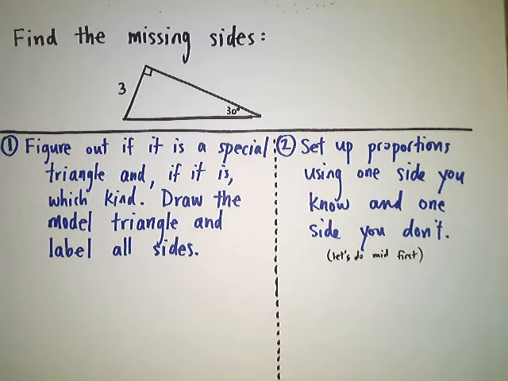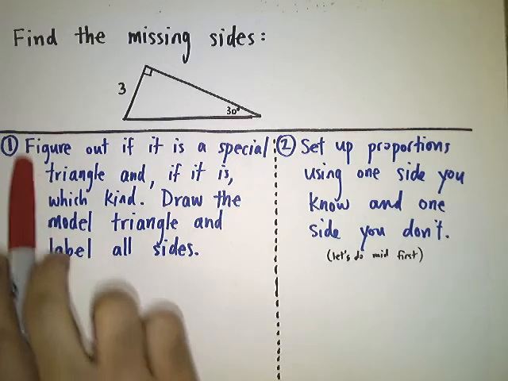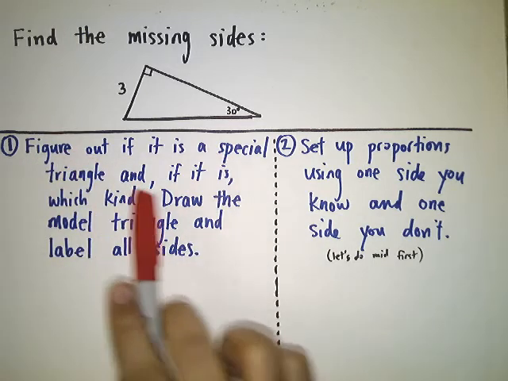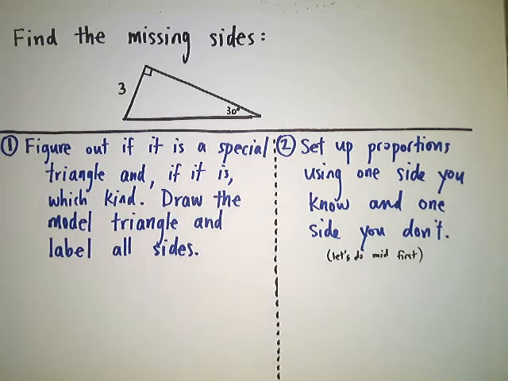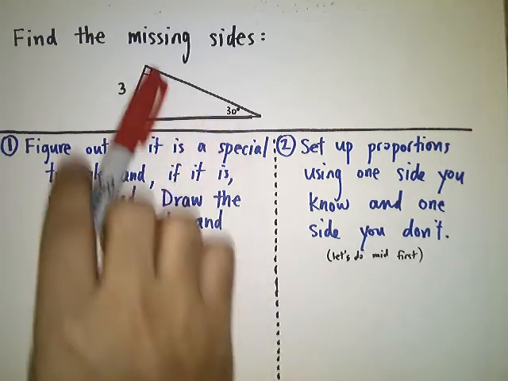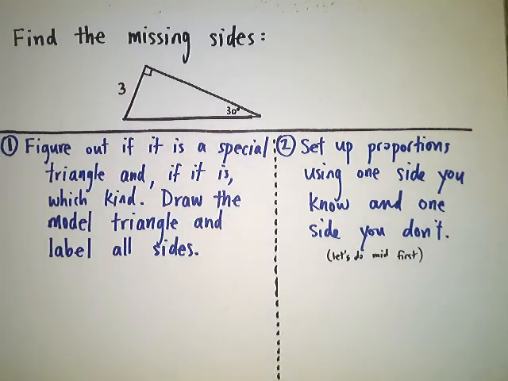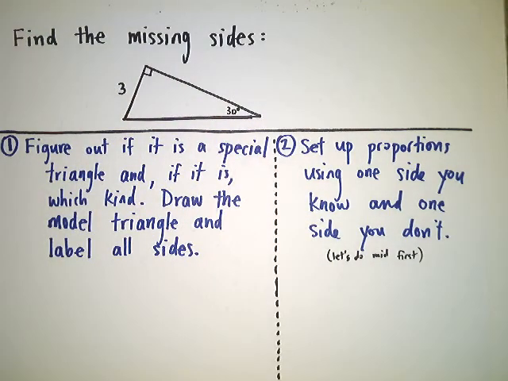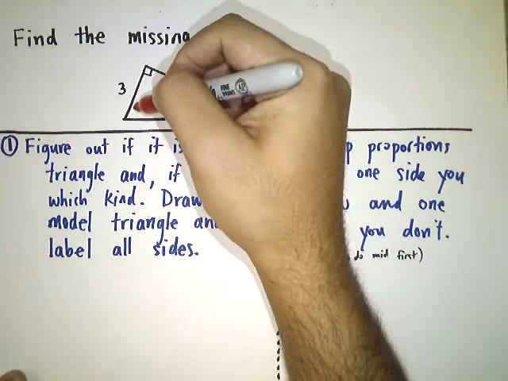Okay. So the first thing we got to ask ourselves is, well, look, is this a special triangle? And if it is, which kind? Okay, so let's think. We have a 30-degree angle and a 90-degree angle. We know what the missing angle here is because the 3 angles have to add up to 180 degrees. So this missing angle is 60 degrees.